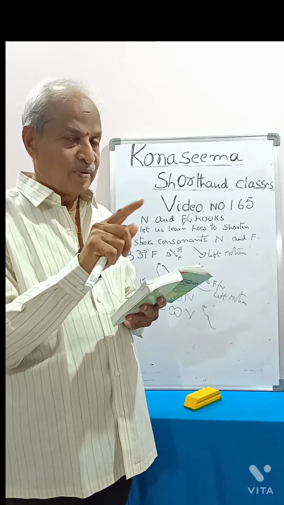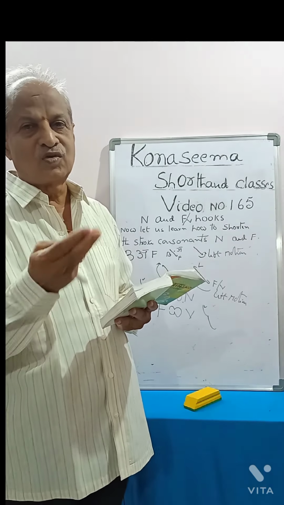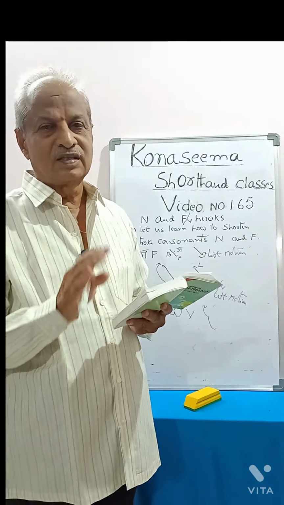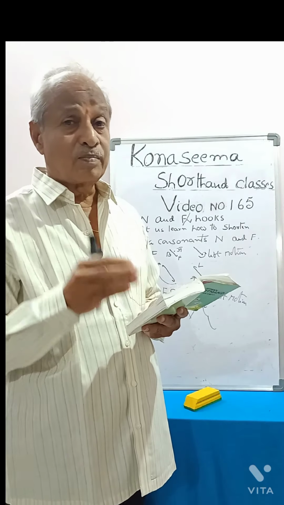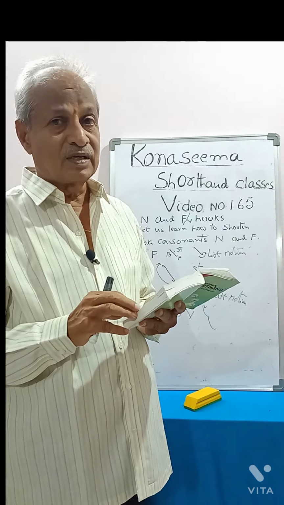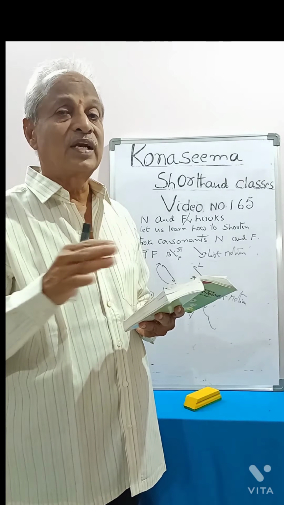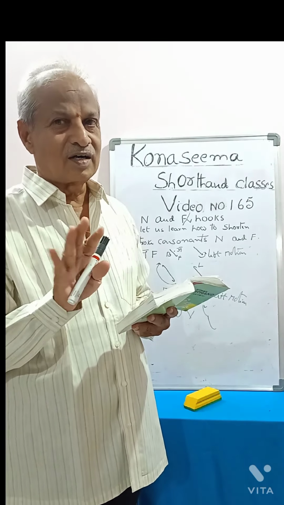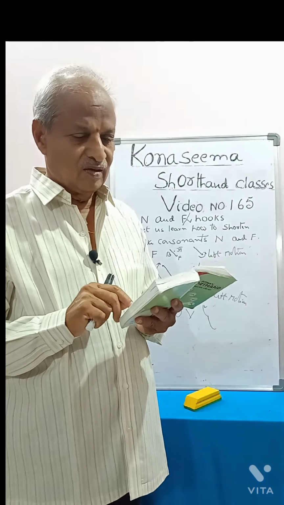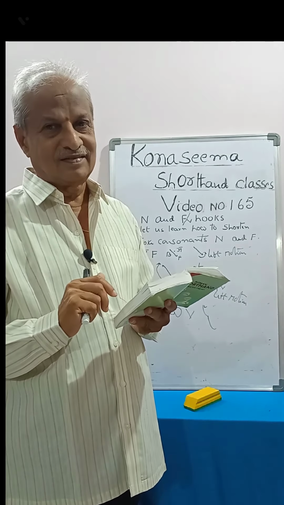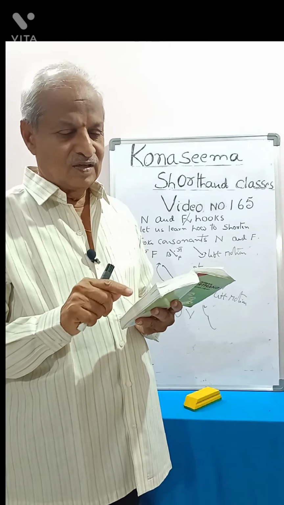Like that, puff, F, there is no vowel following the final stroke. But puffy, final vowel is coming. That's why the F full stroke consonant we should write, but not F hook. Fun, N hook.